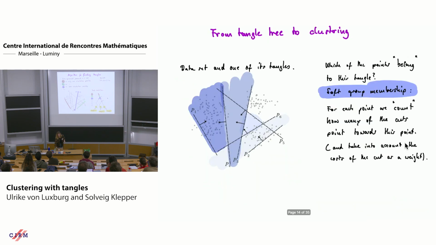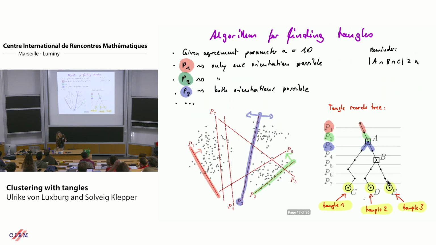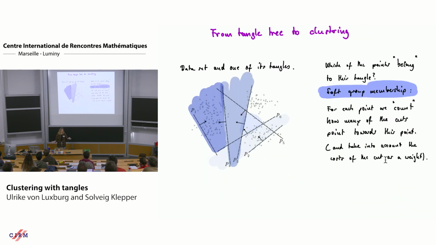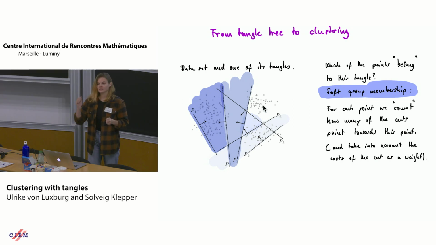Okay, so we're looking at this structure over here, and there are several ways to proceed. Everything until now is existence: we just find tangles in the data. Now how we post-process them, there are several ways to do that. One simple one is that we look at an object, for example an object over here, and we just count the orientations that point to that object.